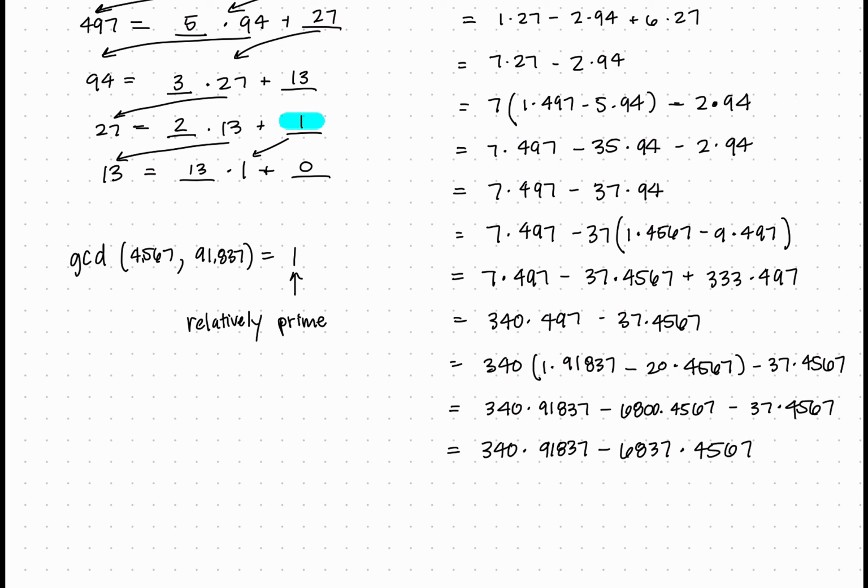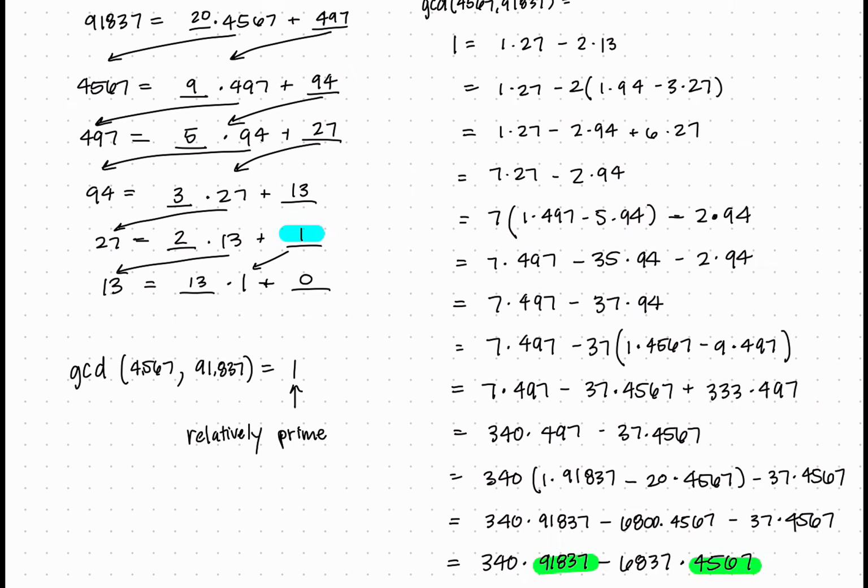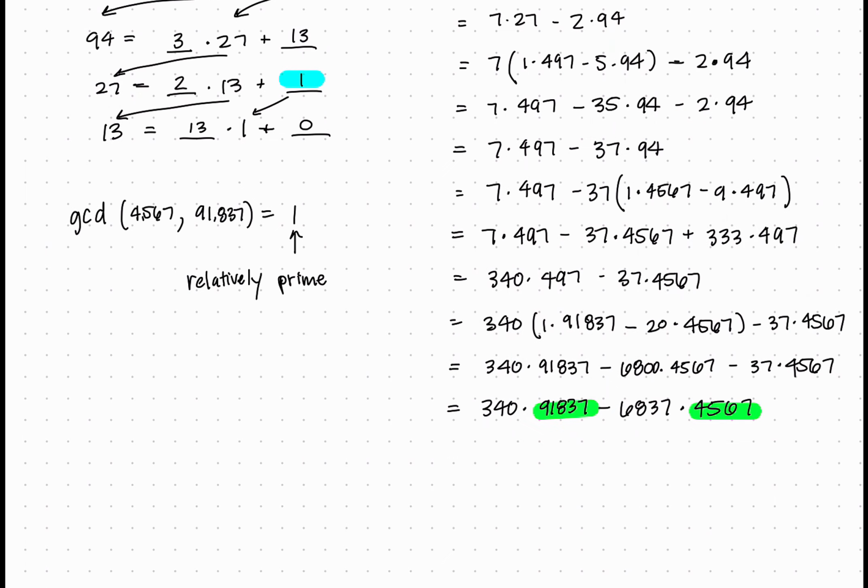So my originals were the 91,837 and the 4,567. I have figured out a way to write my GCD, which, remember, scroll back up, was equal to 1. So 1 is 340 times 91,837 minus 6,837 times 4,567. And that is how I can write that.